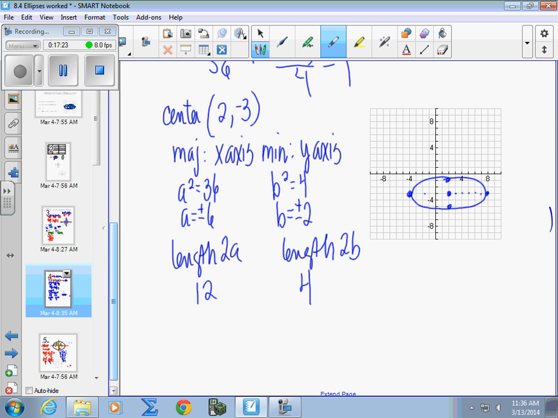Let's talk about vertices or endpoints. If the major axis is the x-axis, if we add 6 to 2, we get 8 and -3. And if we subtract 6, we get -4 and -3.